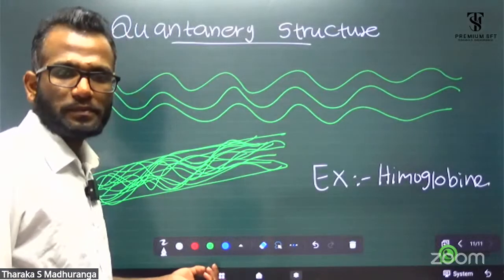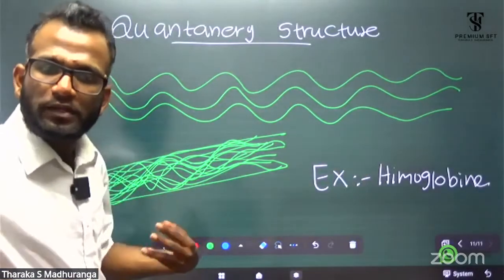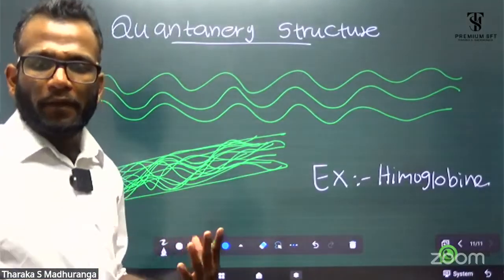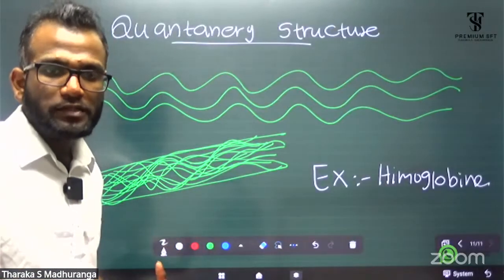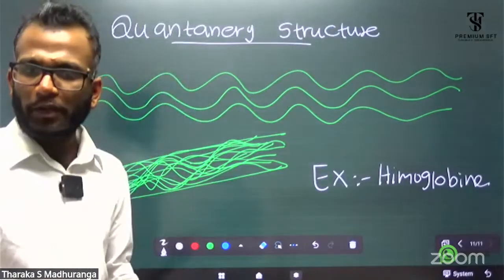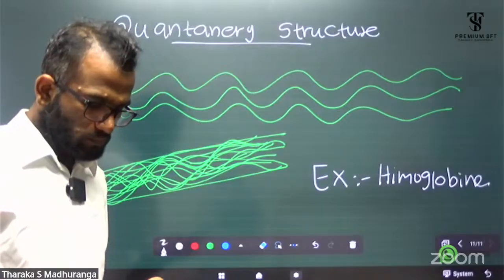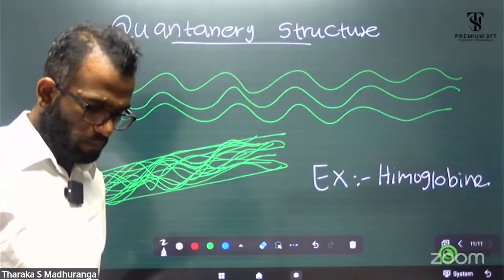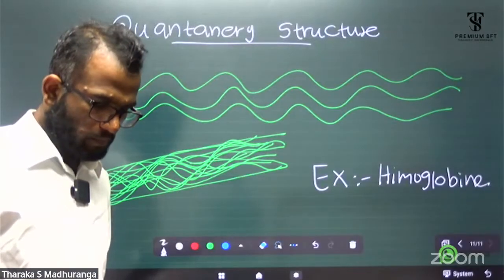What is the function of hemoglobin in our blood? What does it do?